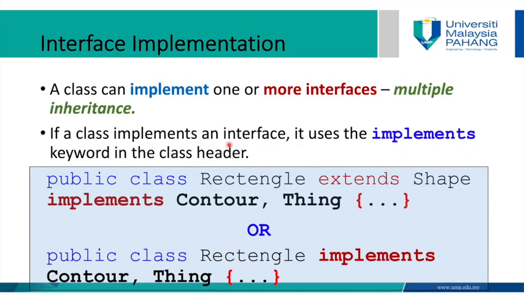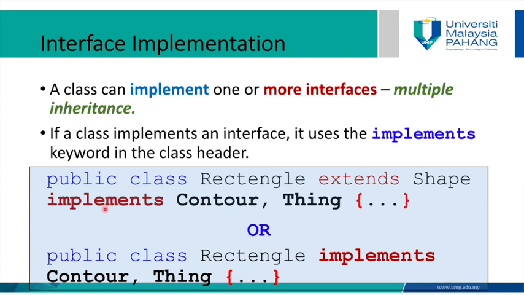To do the implementation of an interface, a class can implement one or more interfaces, which is multiple inheritance. For abstract classes, you cannot do multiple inheritance, but with interfaces, yes, you can. If a class implements an interface, it uses the implements keyword in the class header, like here.